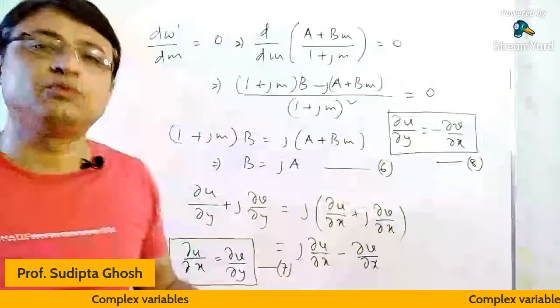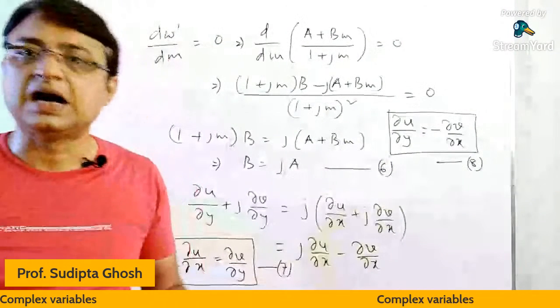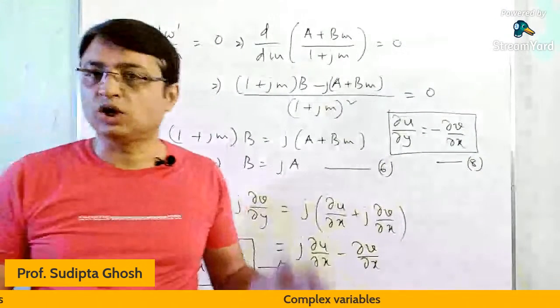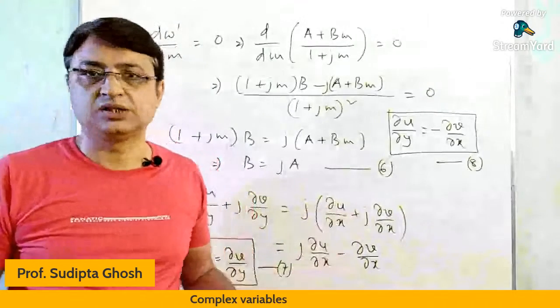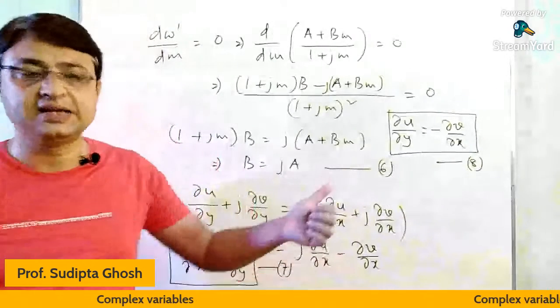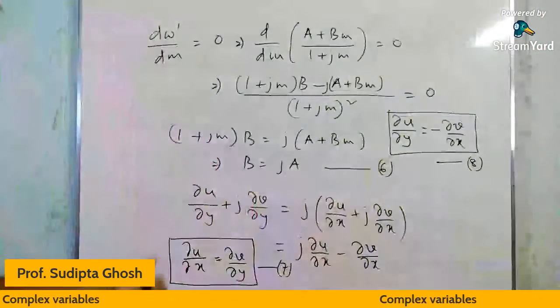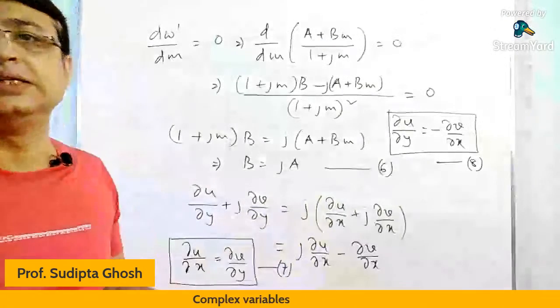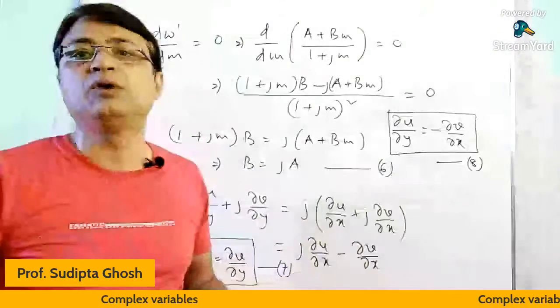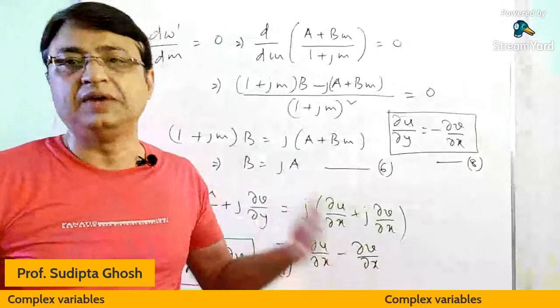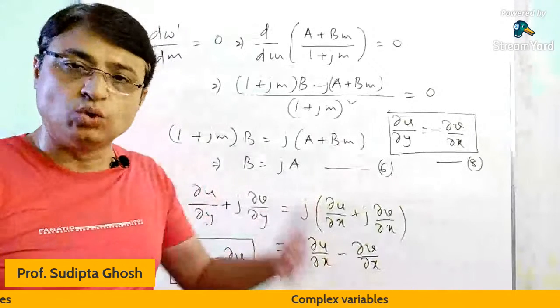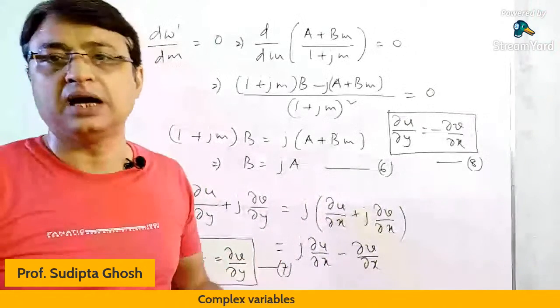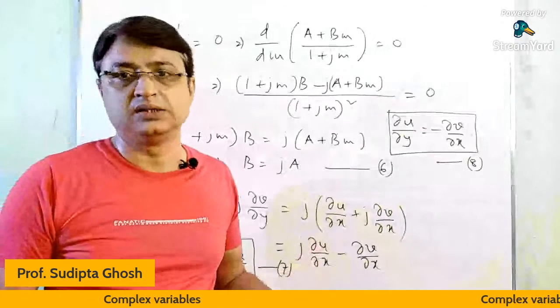These equations 7 and 8 are known as the Cauchy Riemann equations. One is del u del x equals del v del y, and the other is del u del y equals minus del v del x.